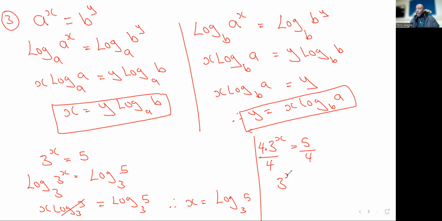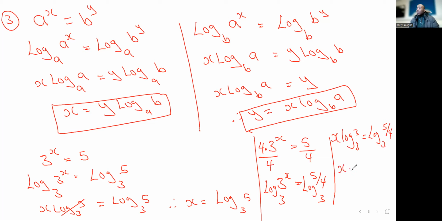Then you're going to have 3^x is equal to 5 divided by 4. Now there is nothing in front of it. So regardless what you have there, if you have an alphabet, a variable, anything, you have to make sure that there's nothing there first. Then you take log to base 3 of both sides. And this is now going to give you x log 3 is equal to log 5/4 to base 3. Then x is going to give you log 5/4 to base 3, and that will be the answer for that.